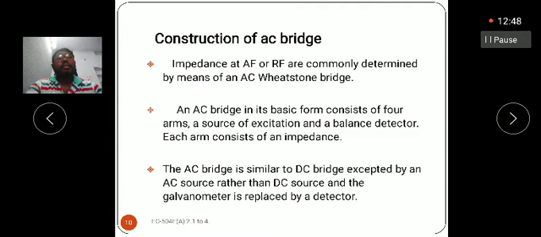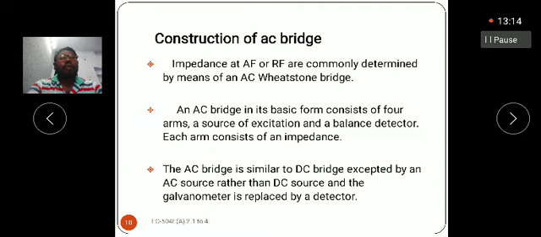And the construction of the AC bridge: the impedances at AF or RF are commonly determined by means of an AC Wheatstone bridge. An AC bridge in its basic form consists of four arms, a source of excitation, and a balance detector. Each arm consists of an impedance.